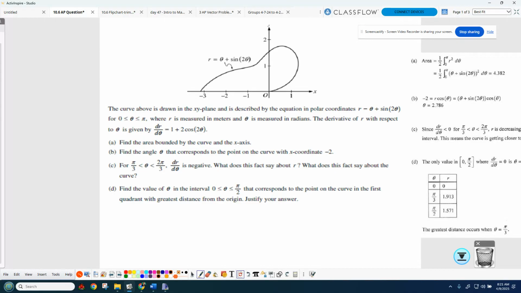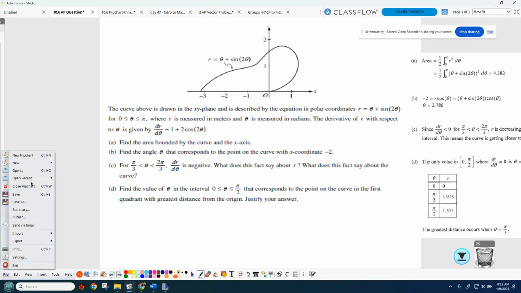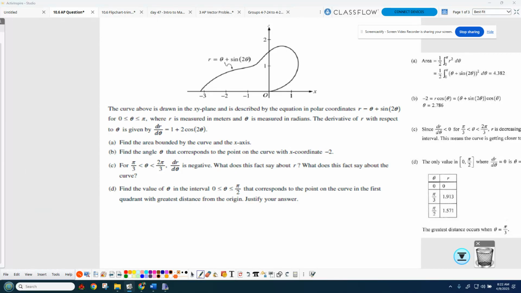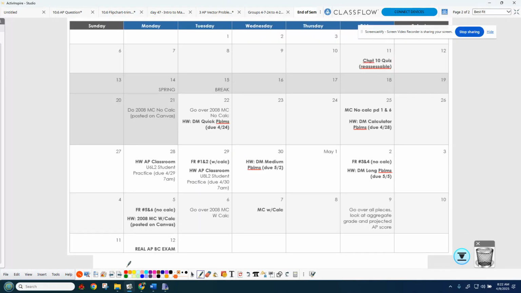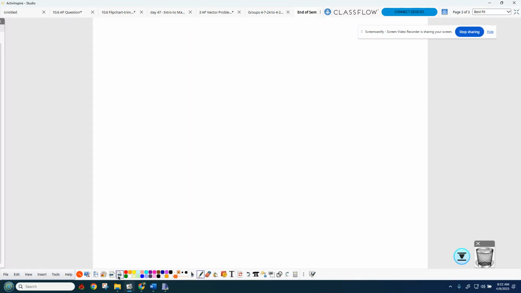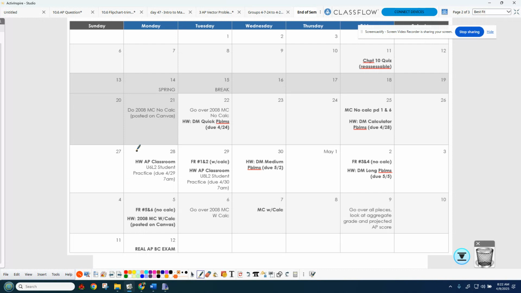And again, the calendar part that's wrong is the MCAP testing week. Great, I didn't save it. That's a bummer.